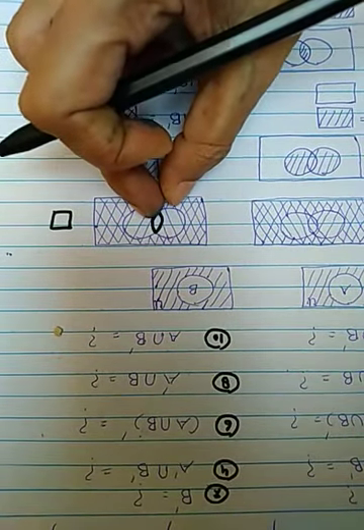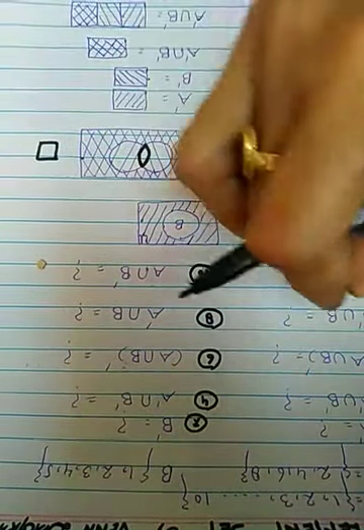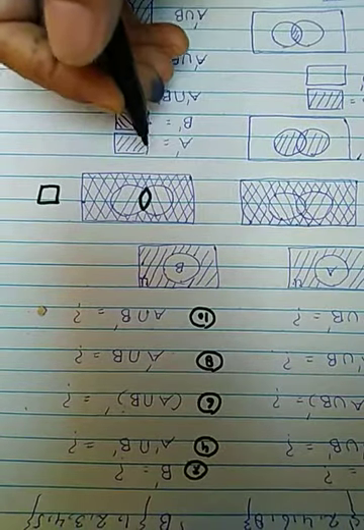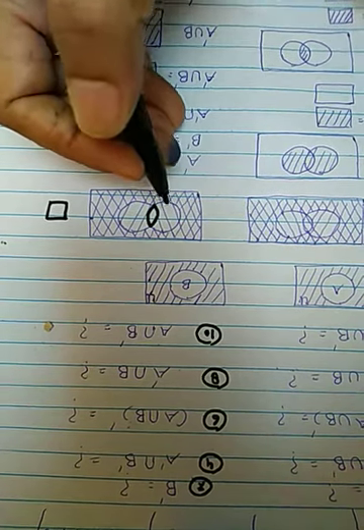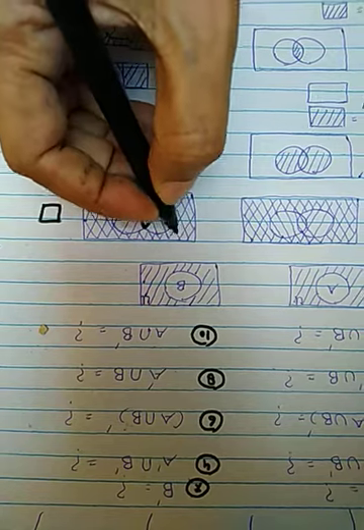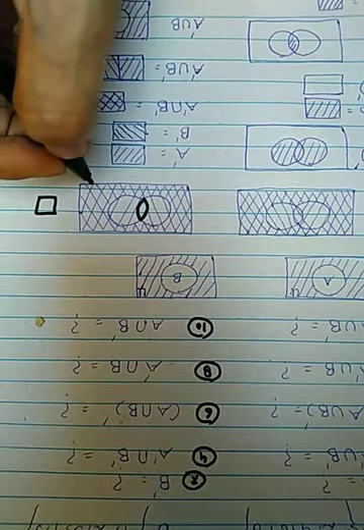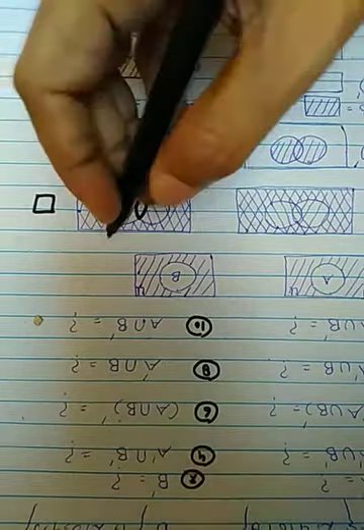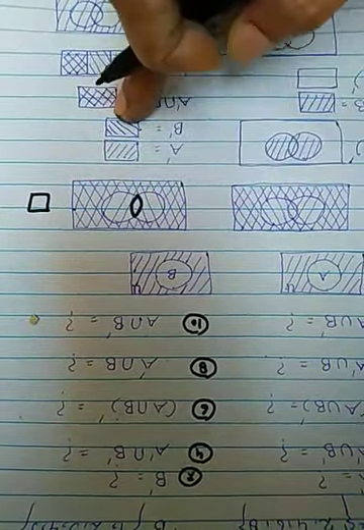This figure shows all these sets. Carefully look at this figure. Here, in this direction the shaded area shows A complement. In this direction the shaded area shows B complement.